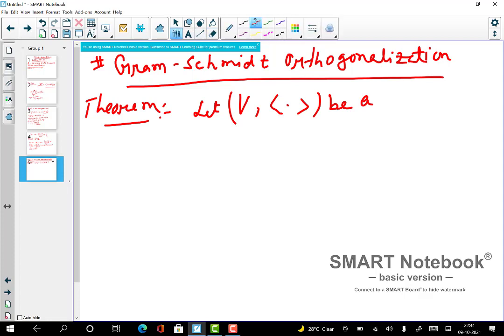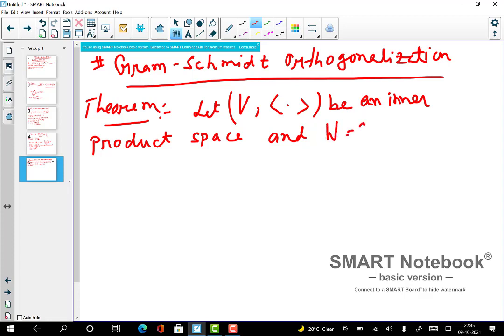You can start with any finite linear independent set and make it an orthogonal set. So let V be an inner product space in general, and you start with a set, say W.